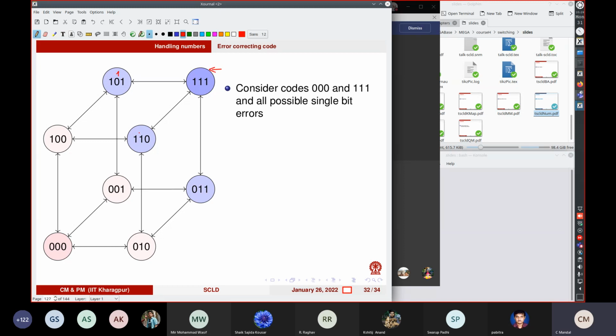These are the codes which you get when 1 bit is in error. Suppose you have an error of another bit, then it could be this.